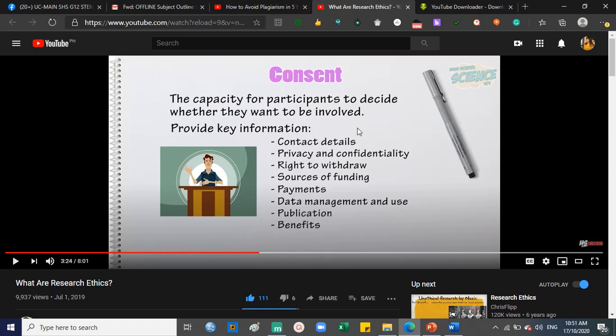For research consent, we already discussed this in Practical Research 1. In fact, you were provided consent forms, right? And before you used to give that to your informant before you interview them, and then you had to have them sign.